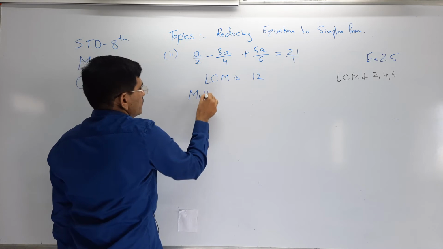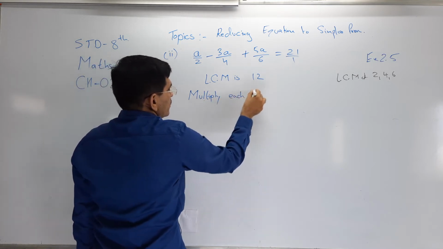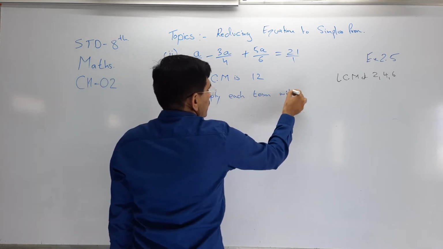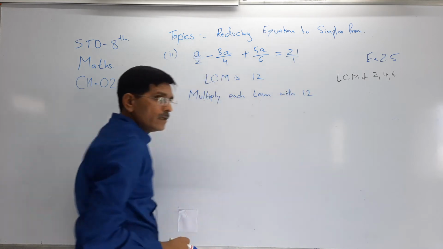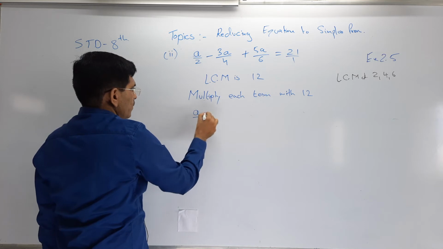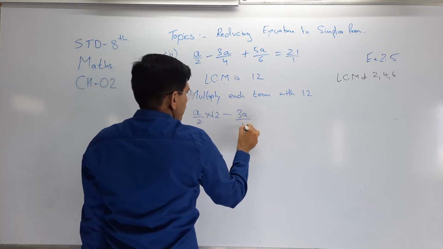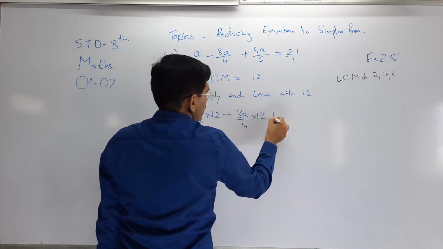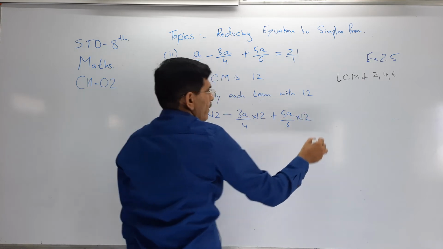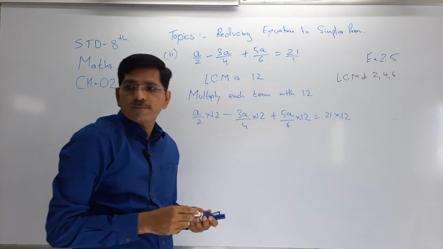Multiply each term with 12. So what is the first step? a divided by 2 multiplied by 12 minus 3a divided by 4 multiplied by 12 plus 5a divided by 6 multiplied by 12 is equal to 21 multiplied by 12.